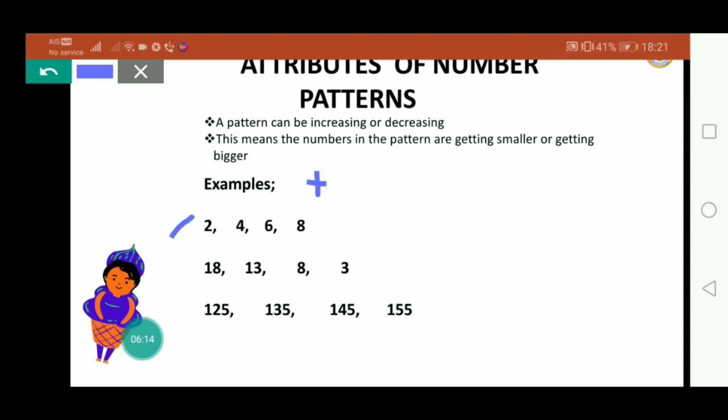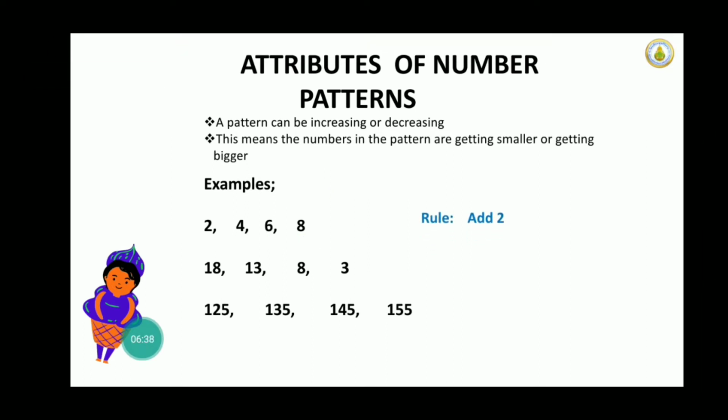Very good. So we add 2 in each number. And that is our rule. So 2 plus 2 is equal to 4, plus 2 is equal to 6, plus 2 is equal to 8. The rule here is add 2.